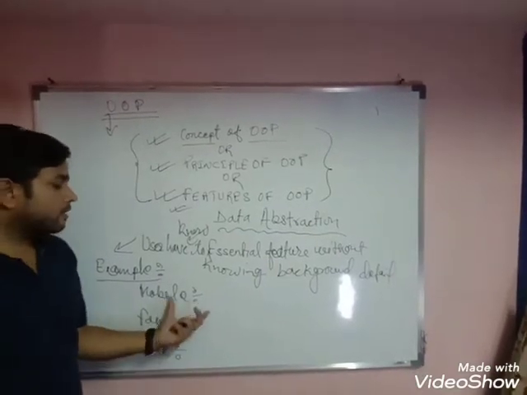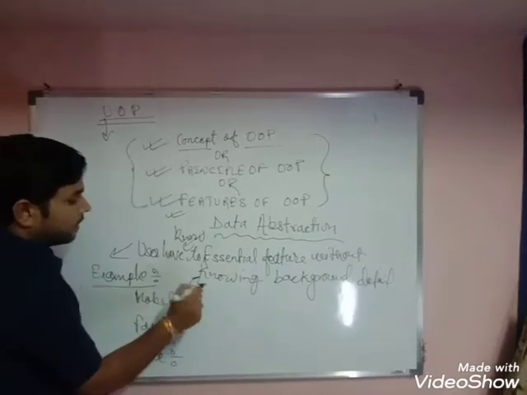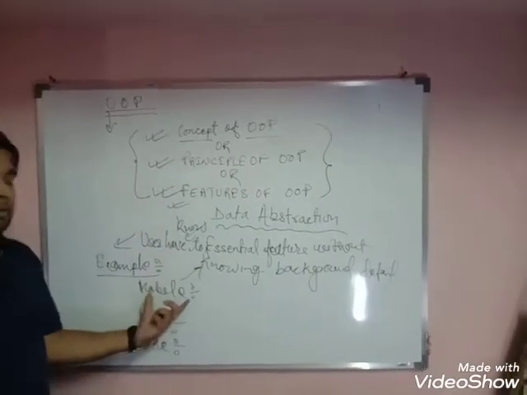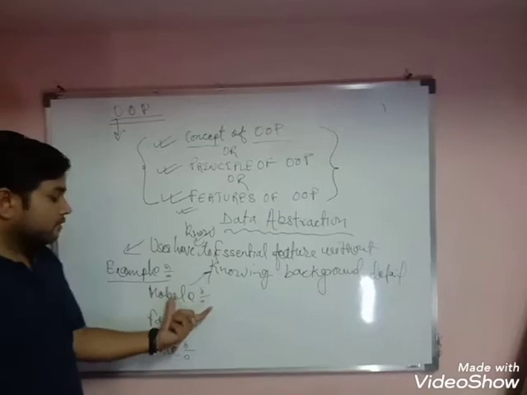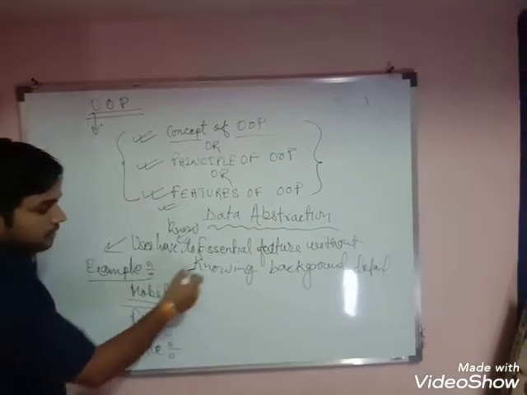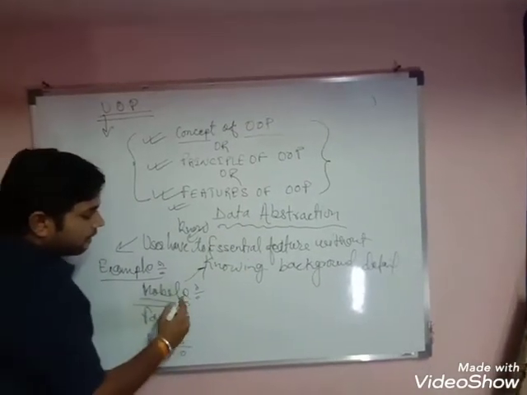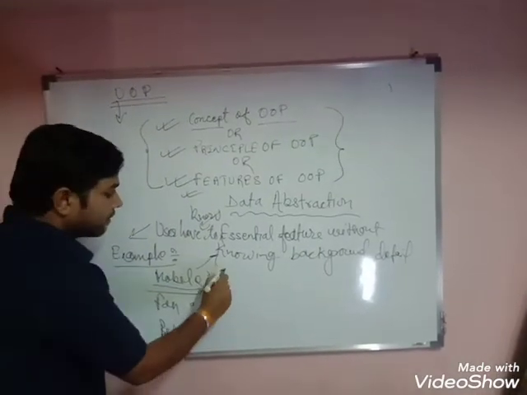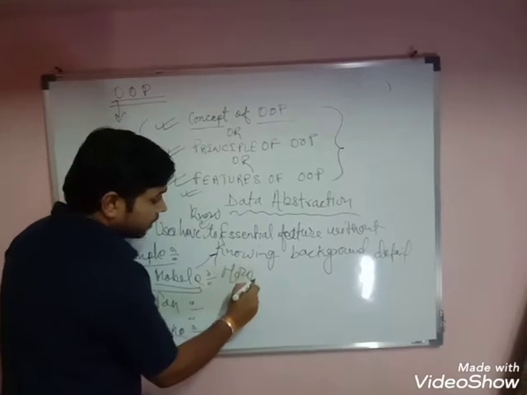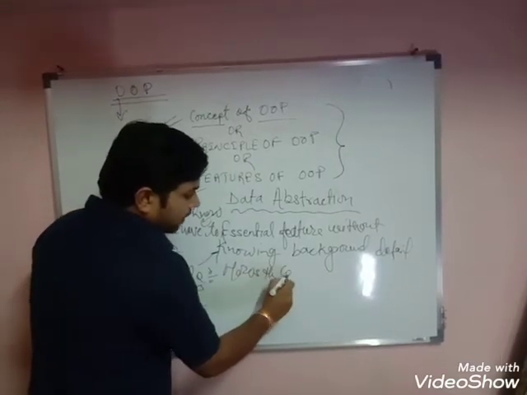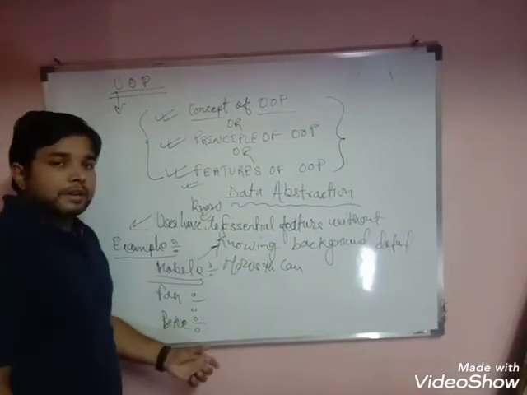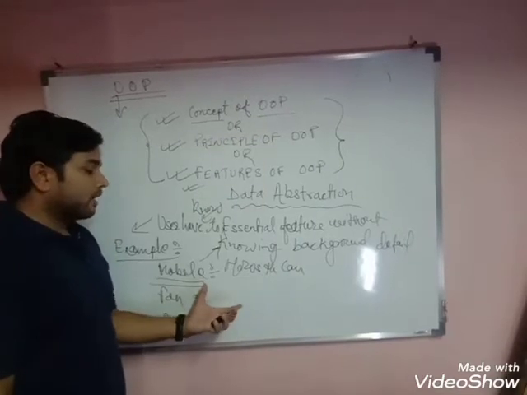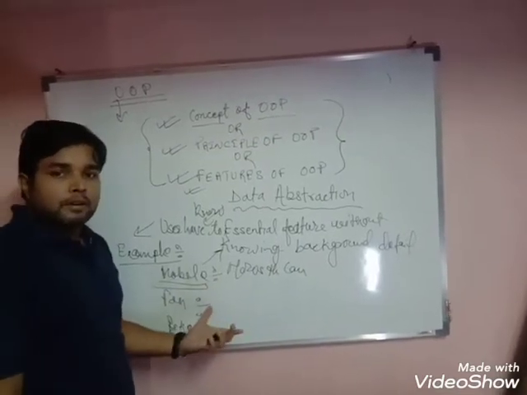So how is this related to this definition? Mobile is an example of data abstraction. In the mobile you have to know only the essential features: how the function will work, how the camera opens, how music will play, how we can use photos for our memory.